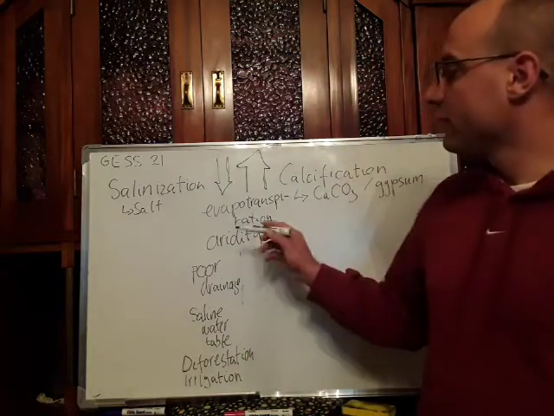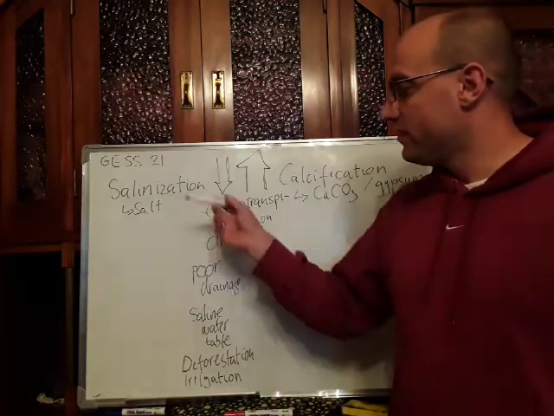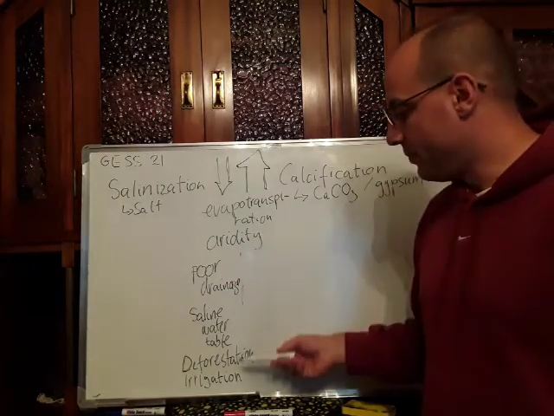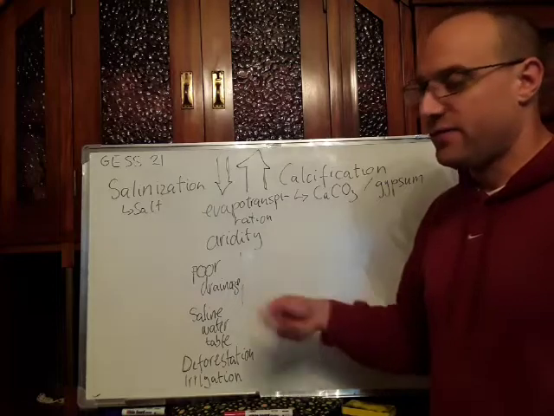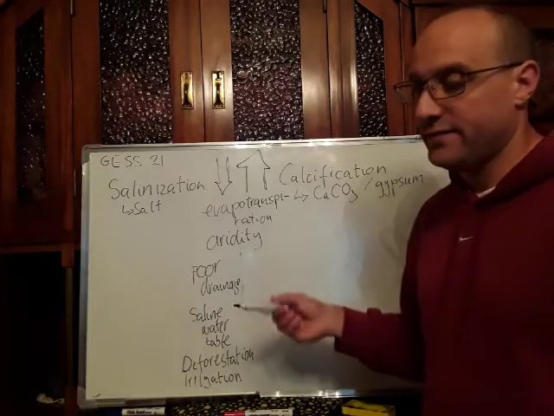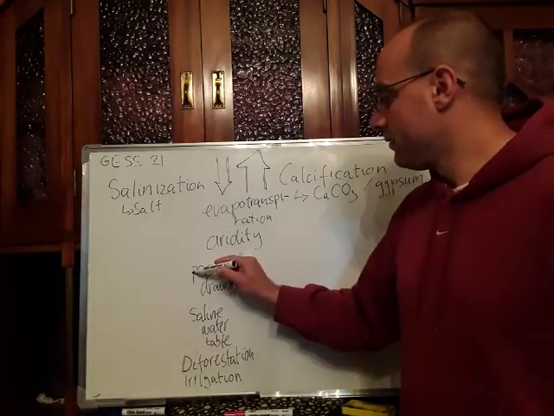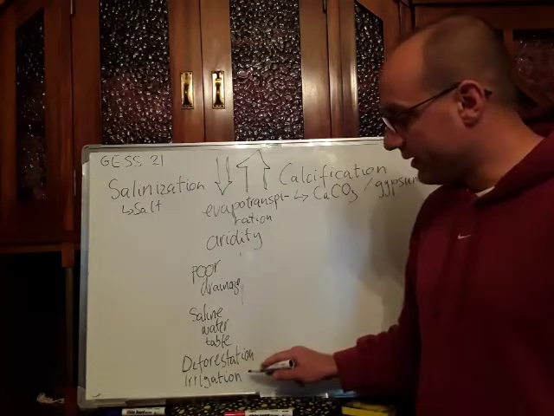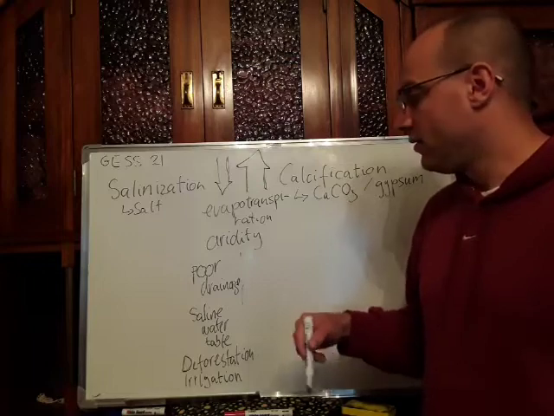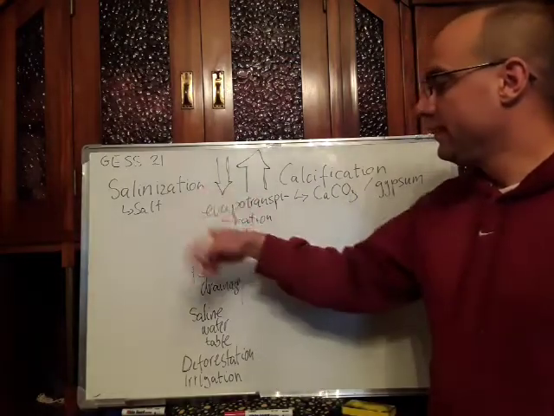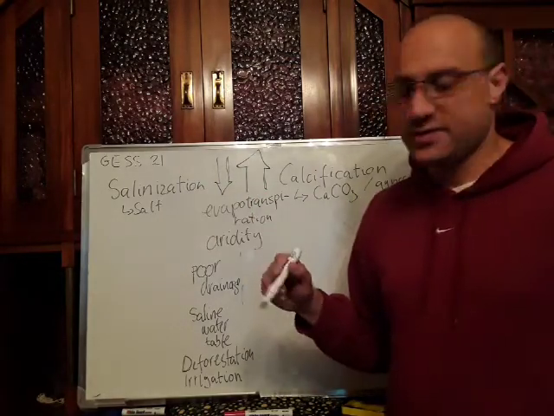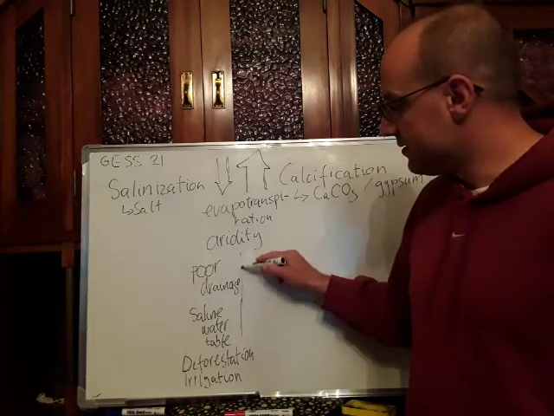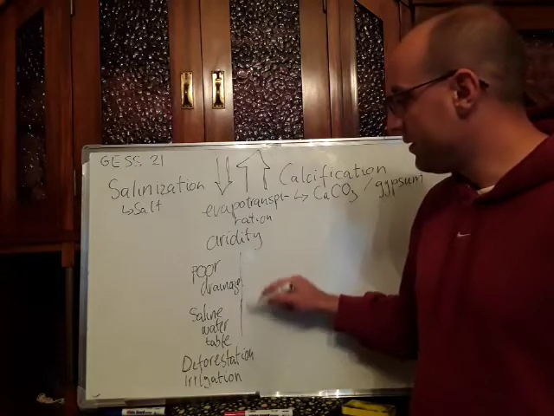Whenever there's a soil that is located in an arid landscape, irrigation itself, agriculture, intensifying agriculture through irrigation, watering of the crops, can enhance salinization. So these are just some of the possible reasons for this happening.